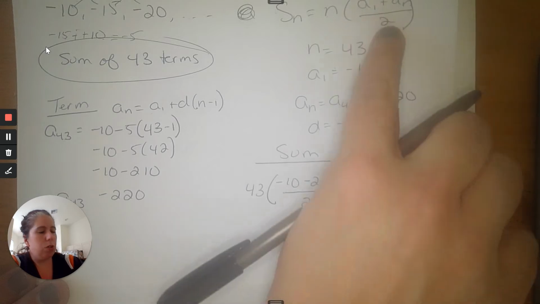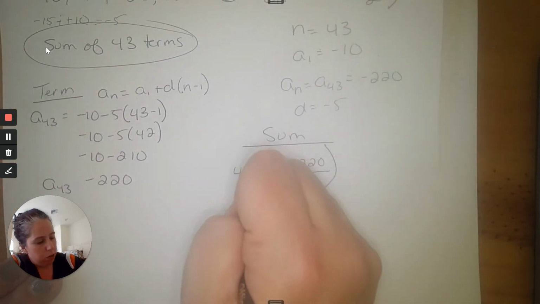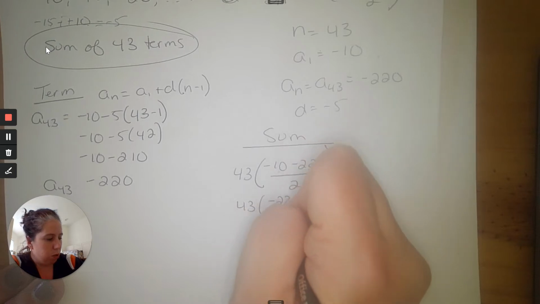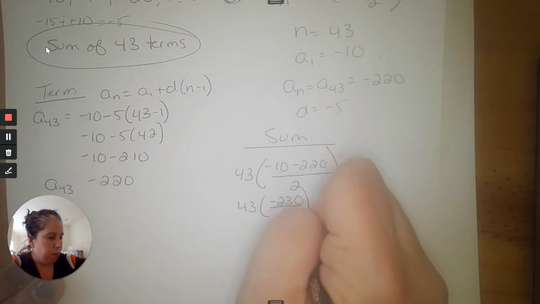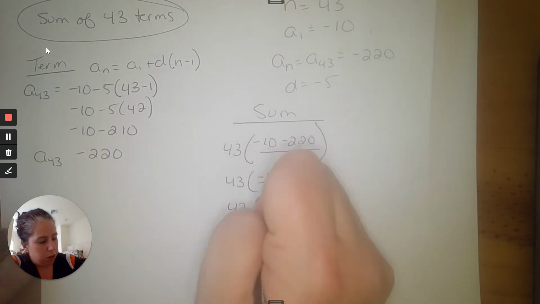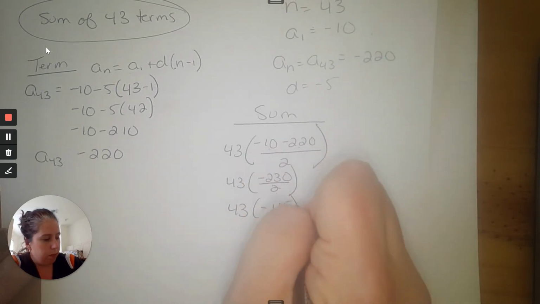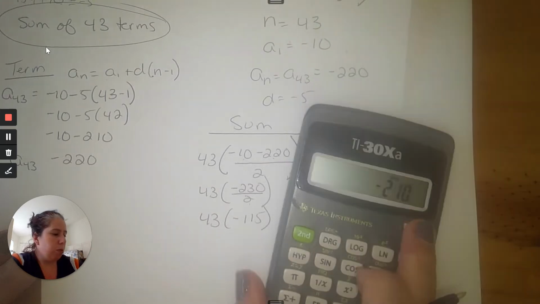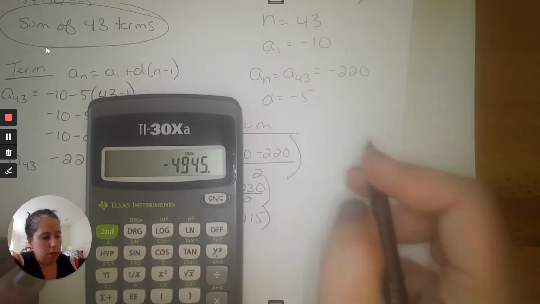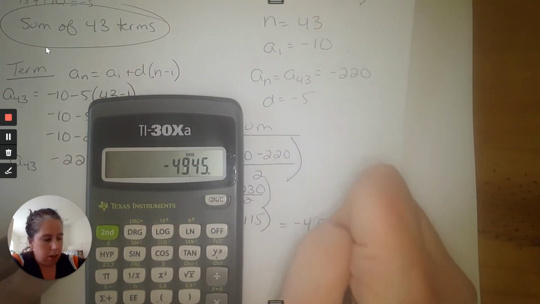And again, it's 2 because it's part of the formula. So negative 10 minus 220 is negative 230, divided by 2. Negative 230 divided by 2 is going to give me negative 115. Now you're going to multiply it. So negative 115 times 43, and your answer is negative 4,945.